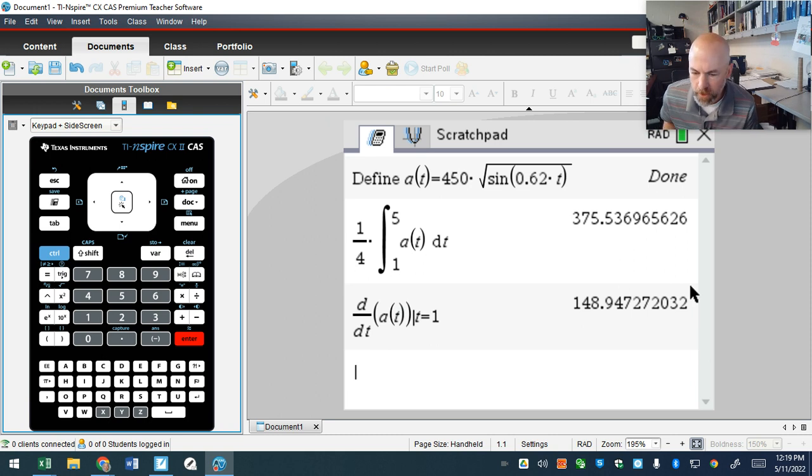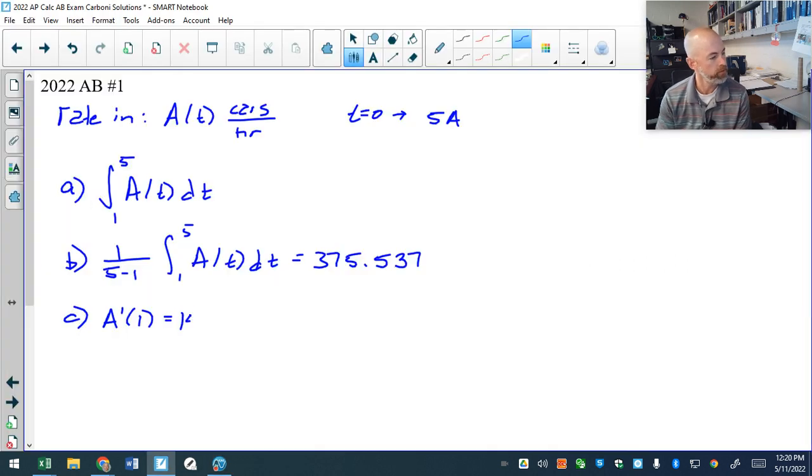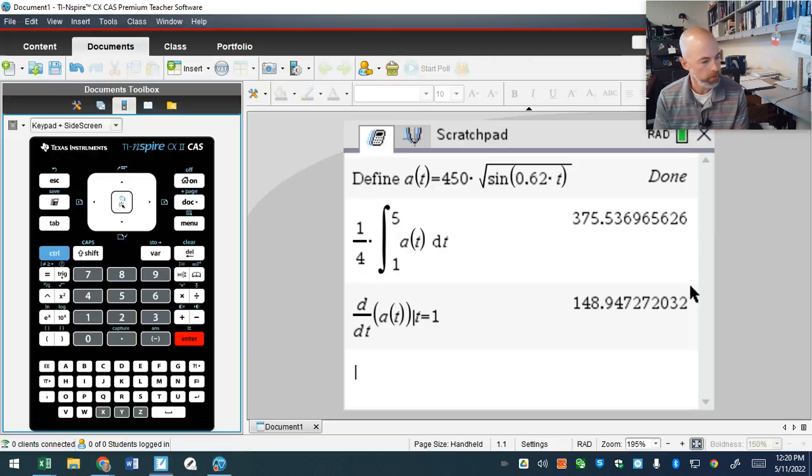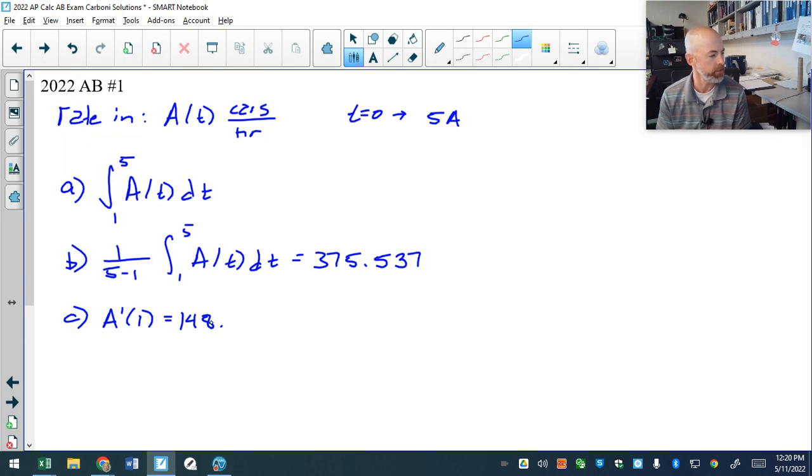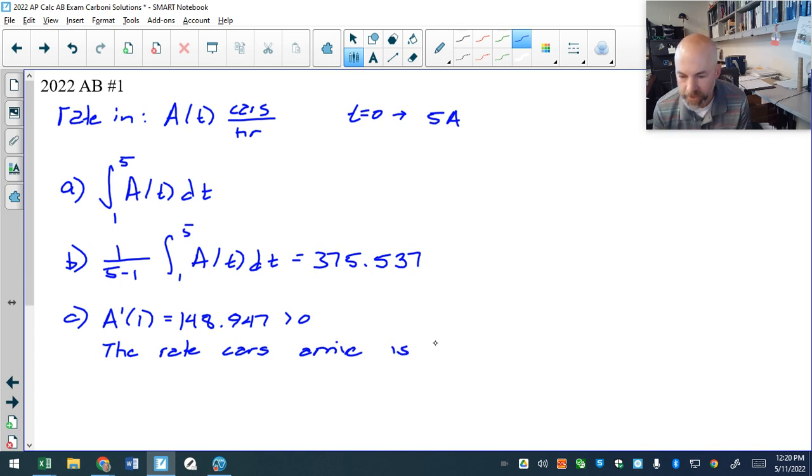148.947. That is a really big number. Usually these questions are closer to 0. Anyway. All right, so 148.947. Okay, that is a positive value that is greater than 0. Therefore, the rate cars arrive is increasing.